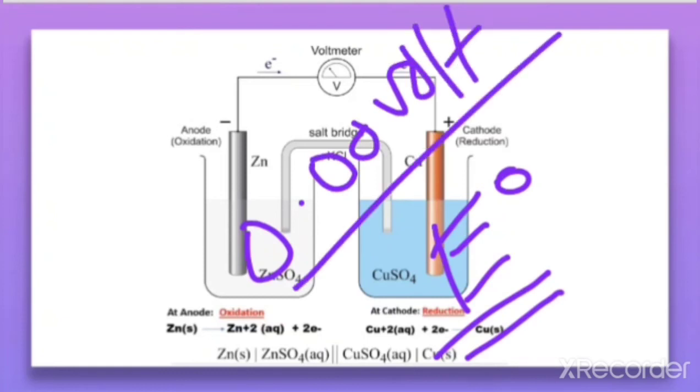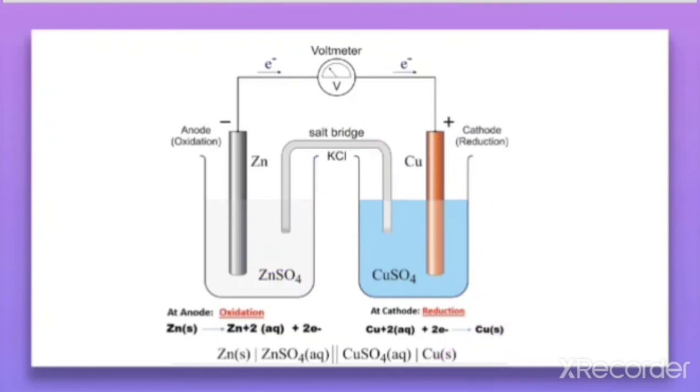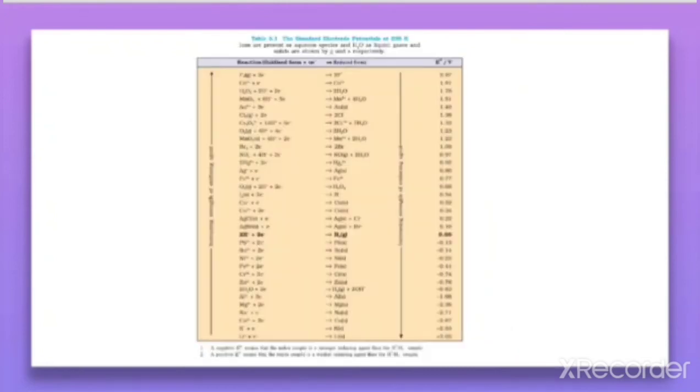So each electrode has a specific E naught value because the values are taken under standard conditions. That is actually shown in a table given in the textbook. This is the table showing the E naught values for the different electrode reactions that you can see here. For hydrogen, that is the standard hydrogen electrode, it is 0 volt.